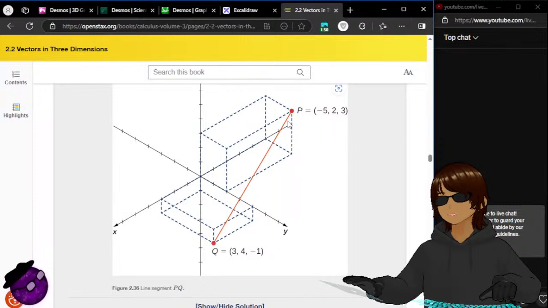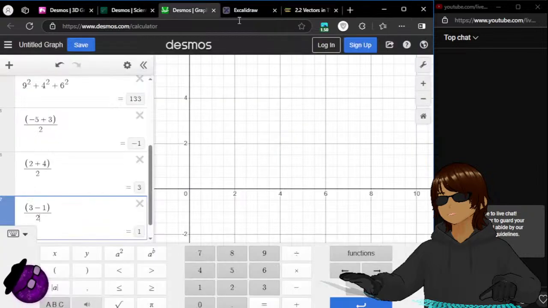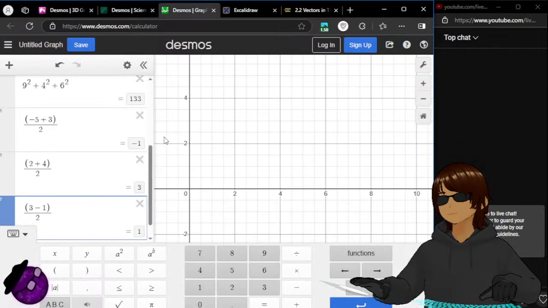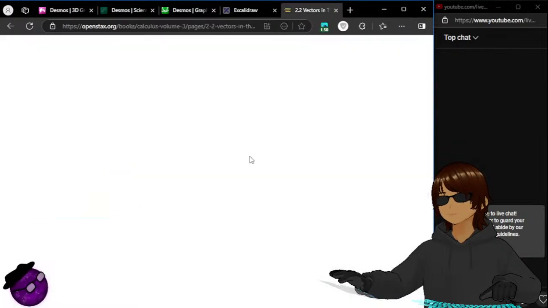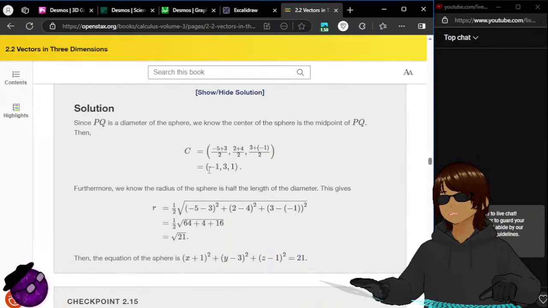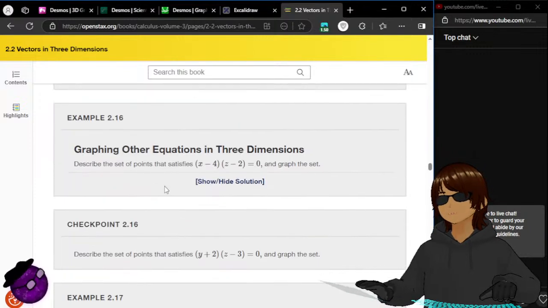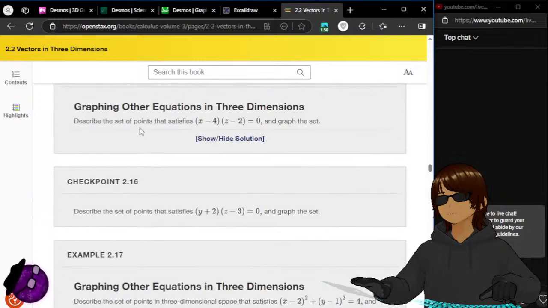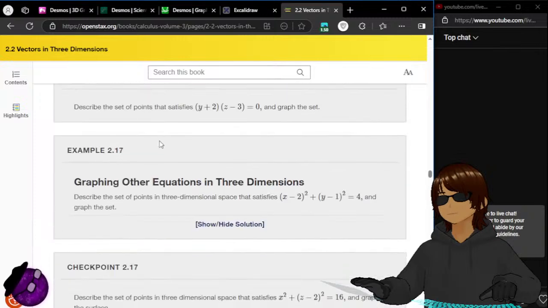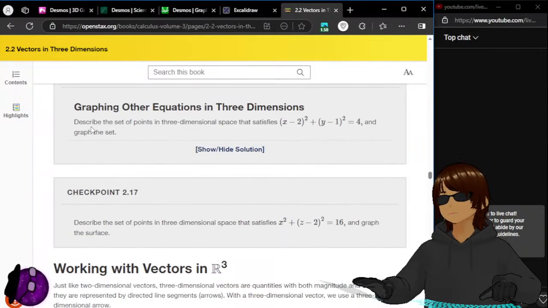And then if we want the radius, we have to subtract values from this, but I don't want to do that. But you get the point. Yeah, negative 1, 3, and 1. The radius they calculated is root 21. Describe the set of points in three-dimensional space that satisfies this equation.